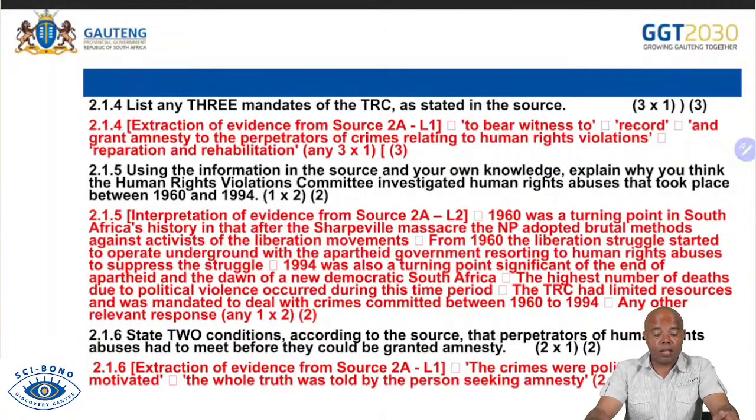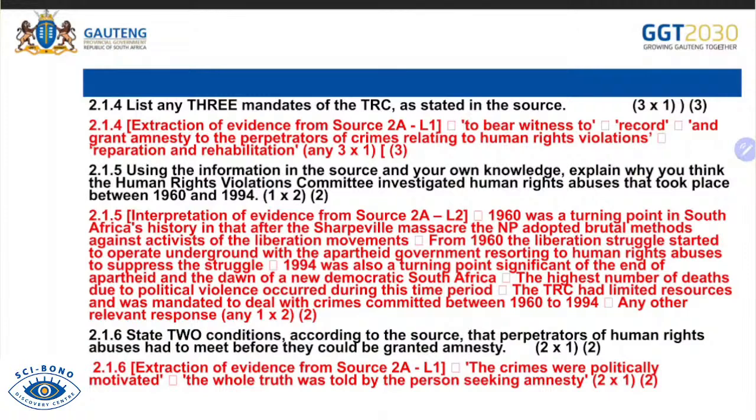1960 was a turning point in South Africa's history, in that after the Sharpeville massacre, the National Party adopted brutal methods against activists of the liberation movements. Second answer, from 1960, the liberation struggle started to operate underground with the apartheid government resorting to human rights abuses to suppress the struggle. 1994 was also a turning point, signifying the end of apartheid and the dawn of a new democratic South Africa.